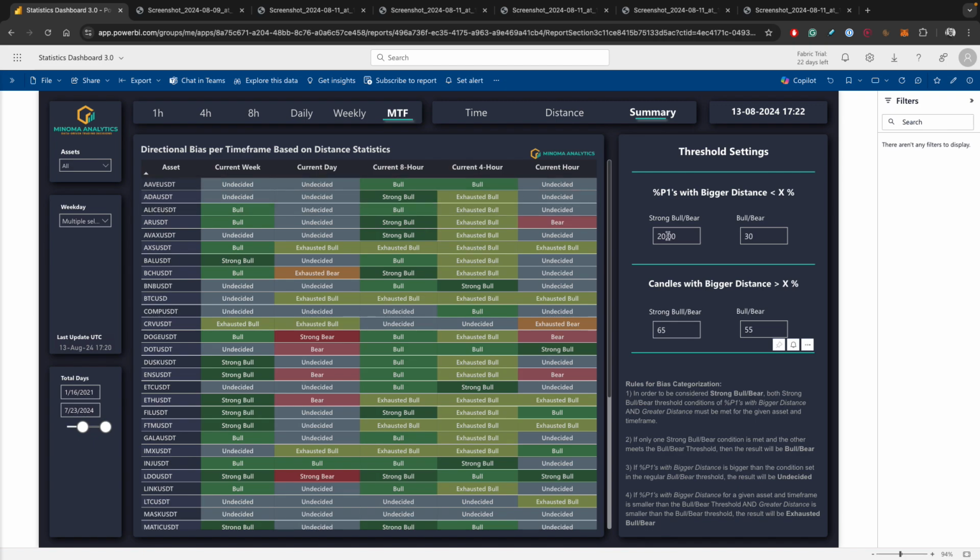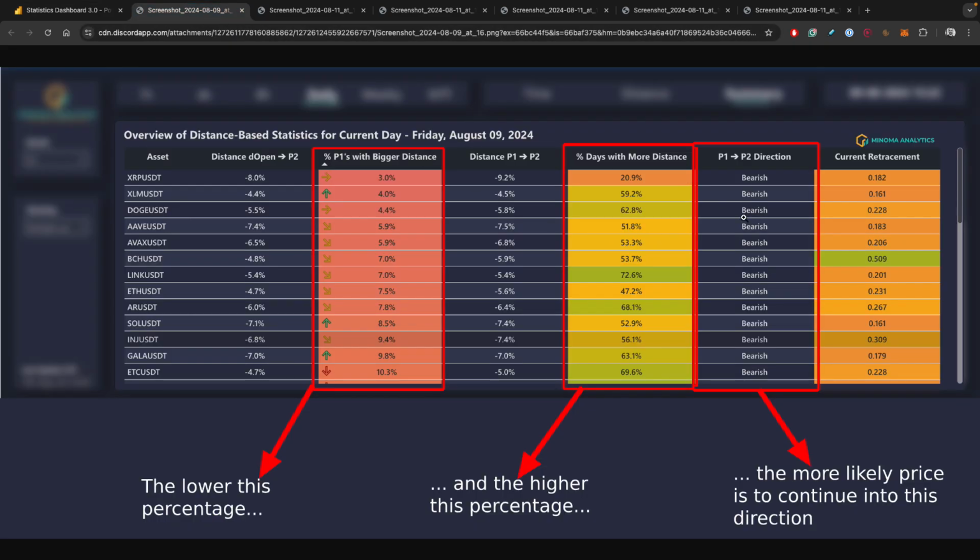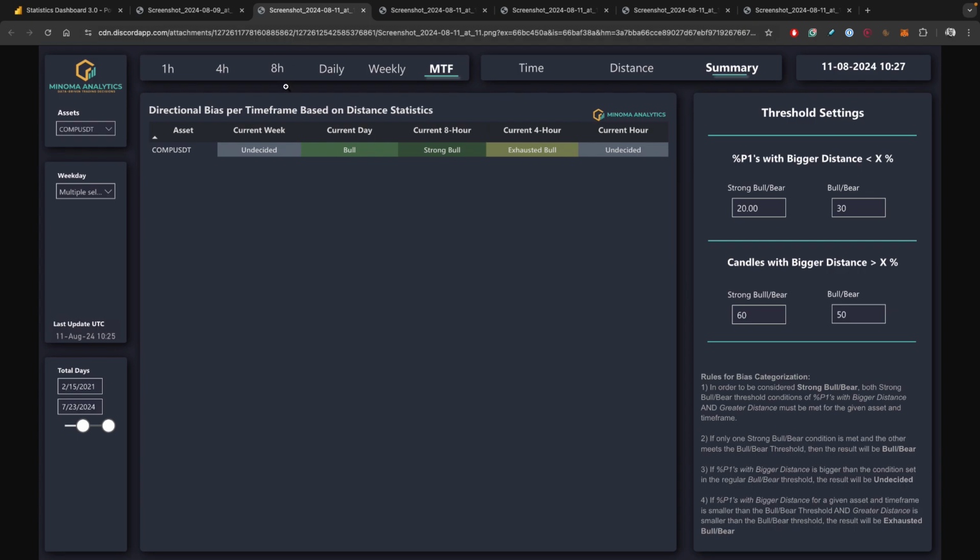That means that both these thresholds are met. So the P1 with bigger distance is smaller than 20%, and candles with bigger distance is bigger than 65%. And then it's strong bull because of the P1, P2 direction. So this one right here is bullish. And we'll see that more in this example I have right here.